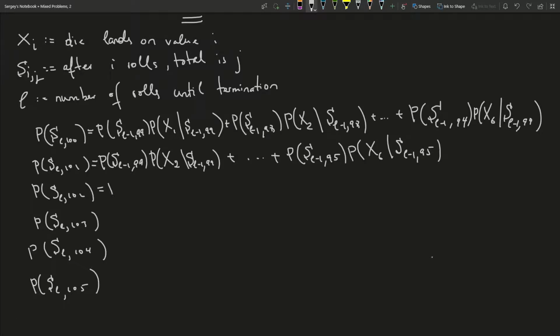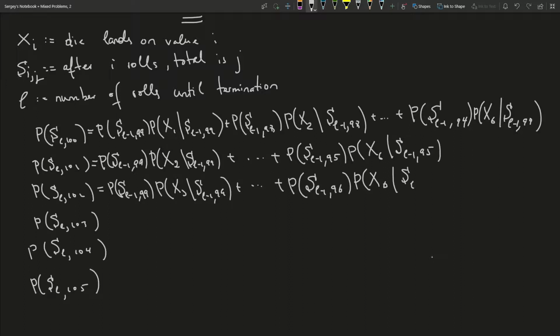Here we have the probability that the running total up to that point is 99 times the probability that a 3 is rolled, given that the running total up to that point was 99, plus ... plus the probability that the running total up to that point was 96 times the probability that a 6 was rolled, given that the running total up to that point was 96.